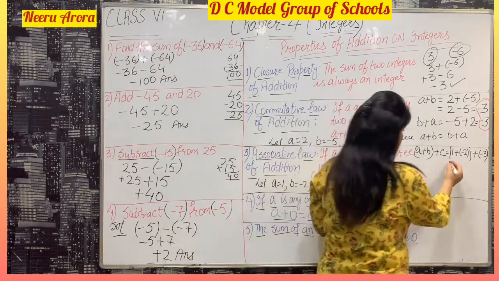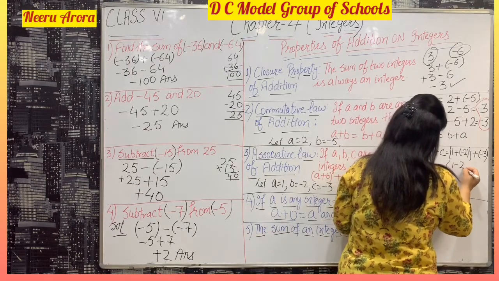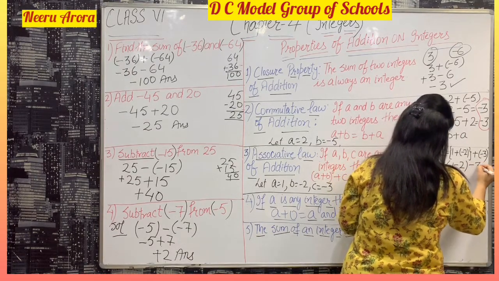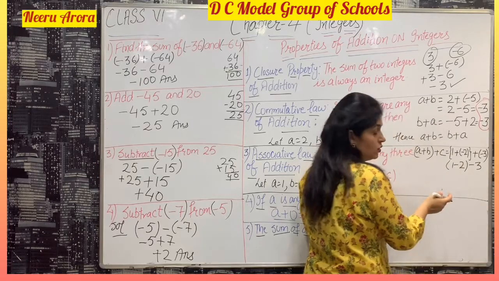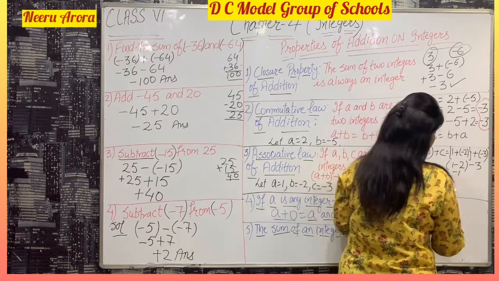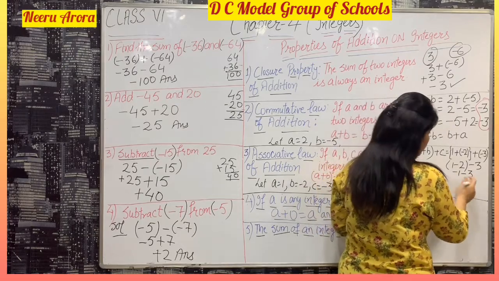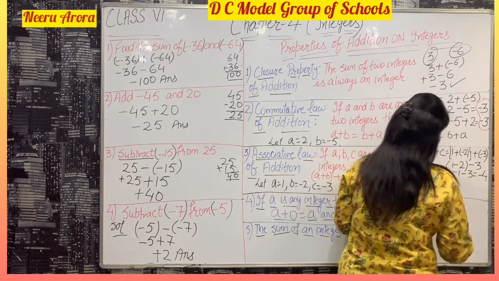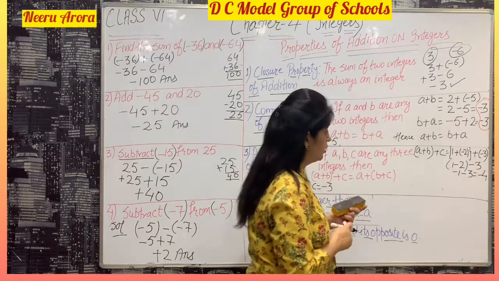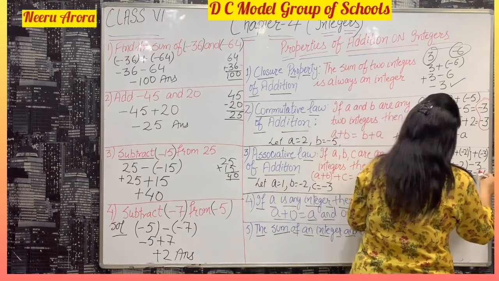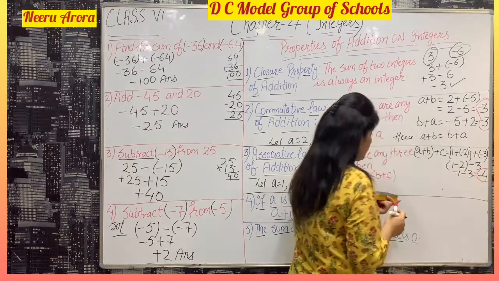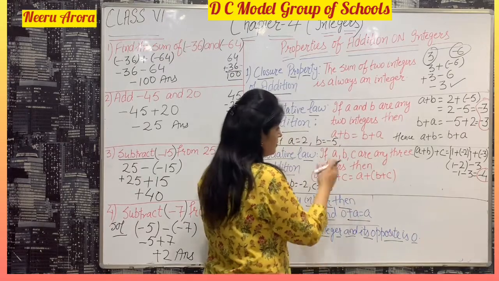So here it comes 1 plus minus 2, plus minus 3. 1 minus 2 is minus 1. Minus 3, both same sign, so we add the numbers. Here it comes minus 4. So the left hand side's answer is minus 4.